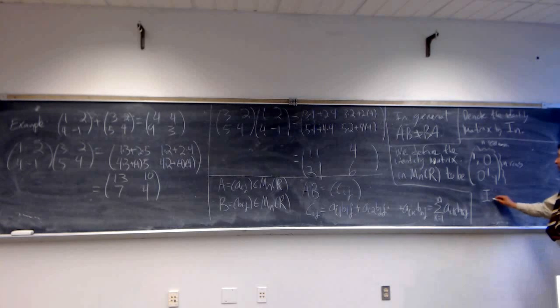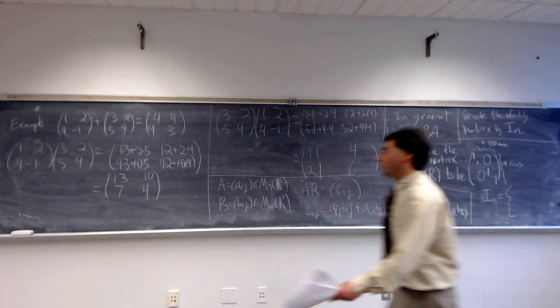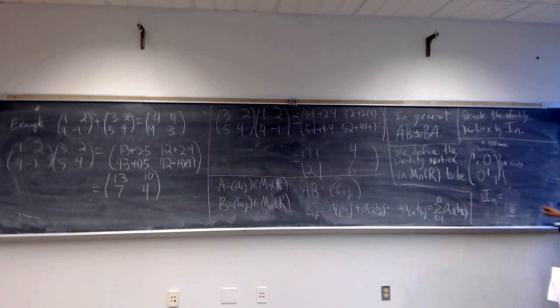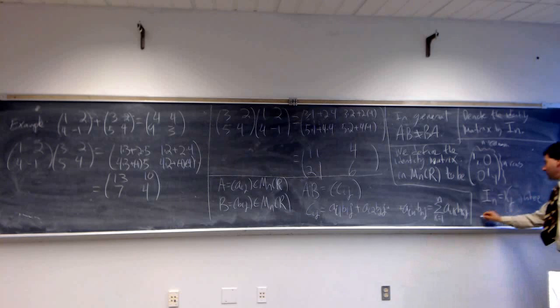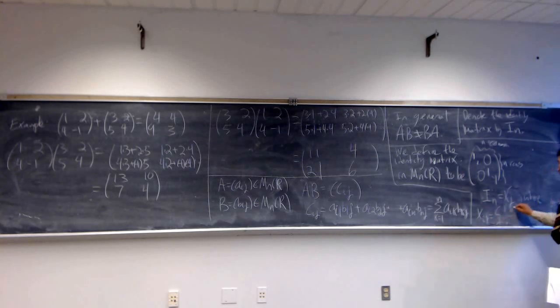So a more mathematical definition, you could say I sub n is equal to, well, maybe let's introduce the variable, say, xij for the ij entry of it, where xij is equal to 1 if i is equal to j, and 0 if i is unequal to j.